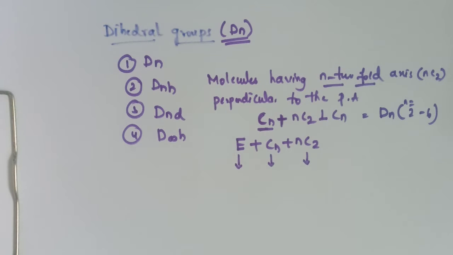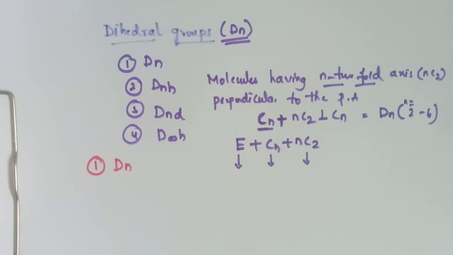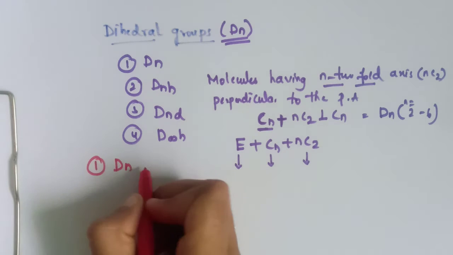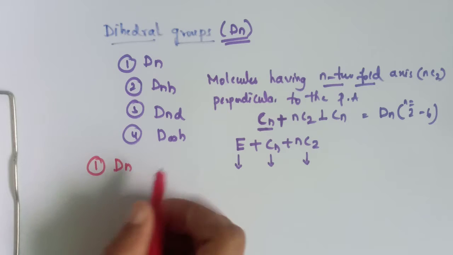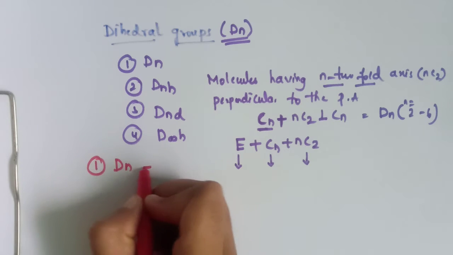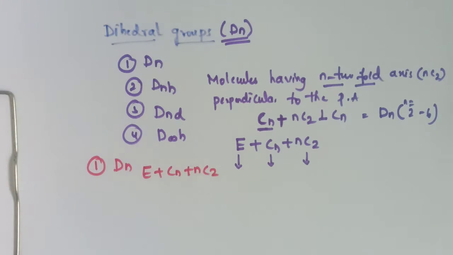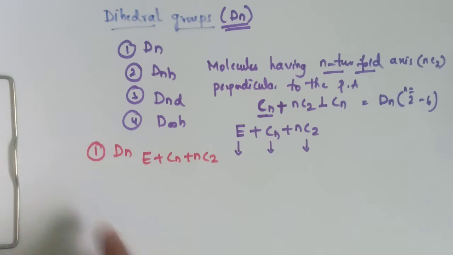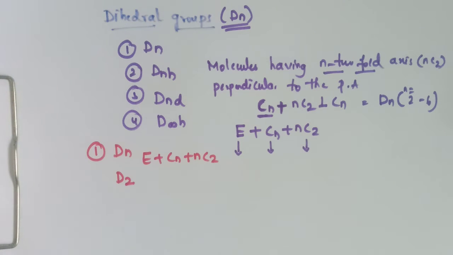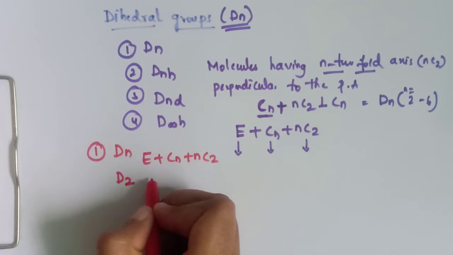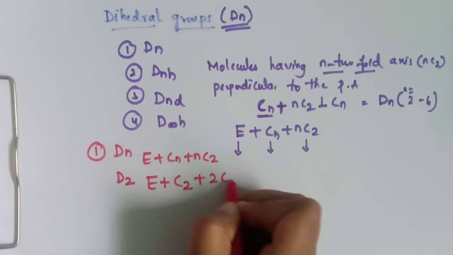First let's discuss this Dn point group. The Dn point group must consist of E plus Cn plus nC2. Now if you consider the D2 point group, it must consist of identity plus C2 plus 2C2.